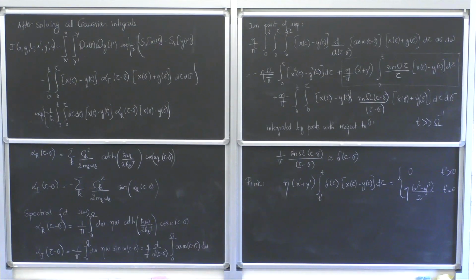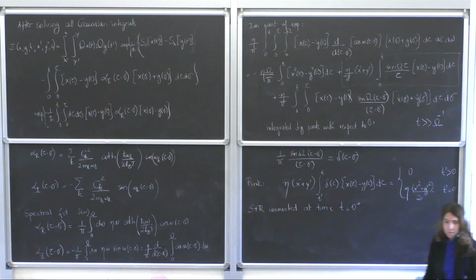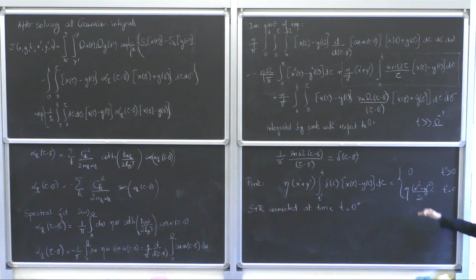So their assumption is that you are connecting your system to your reservoir. So system plus reservoir connected at a time t equal 0 plus, in a way that they can take this integral to 0. As I said, it is a cooking.